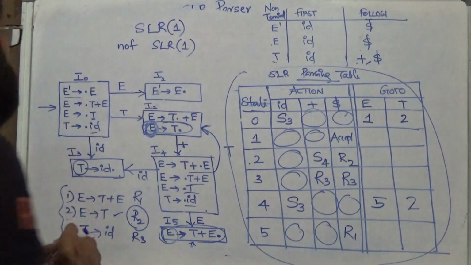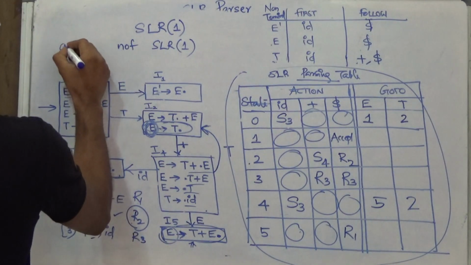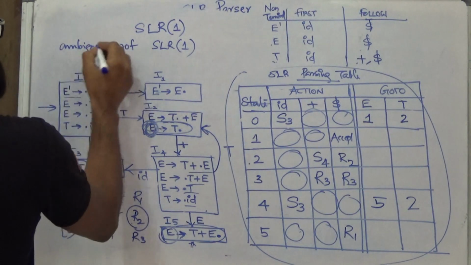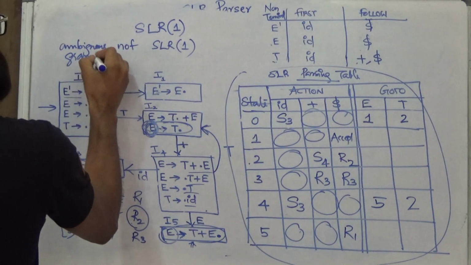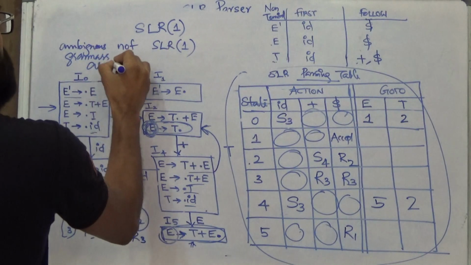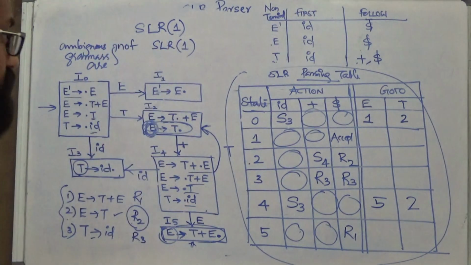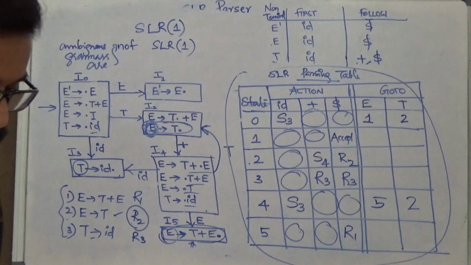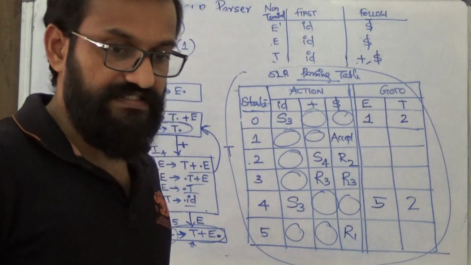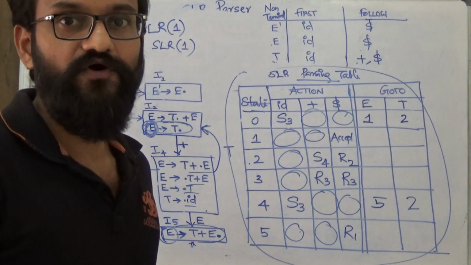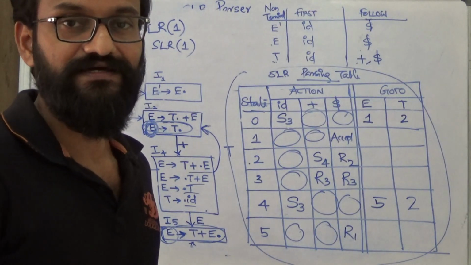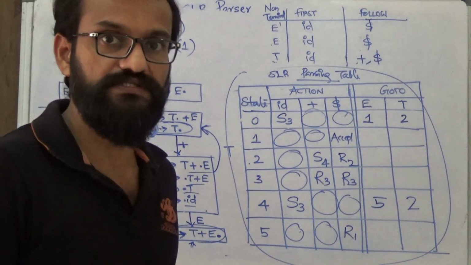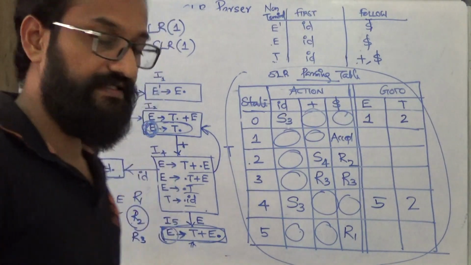So ambiguous grammars are not SLR1. Then, which doesn't imply that all unambiguous grammars are SLR1. You can have unambiguous grammars that are not SLR1.